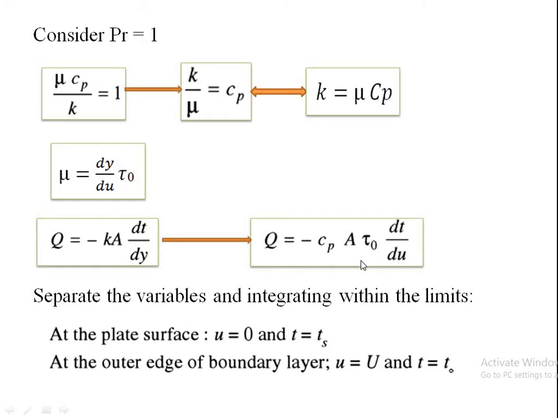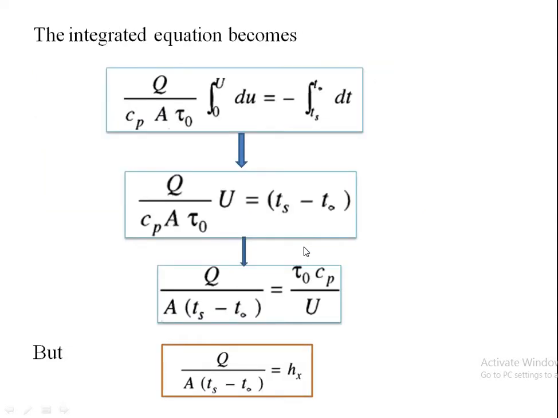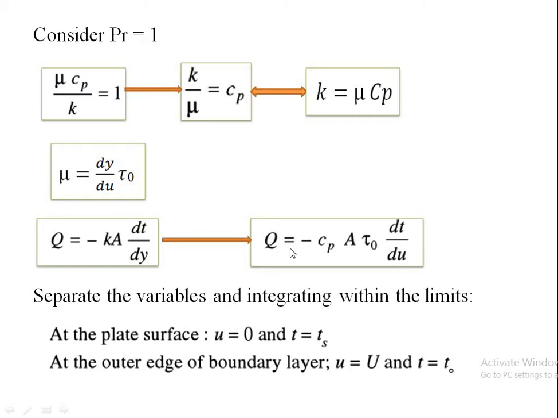Now here we have to integrate this equation with the limits. So for that purpose we have to separate out the differential terms, that is nothing but du and dT. So du we are going to transfer to another side. While providing the limits, we should take care about the Prandtl number.